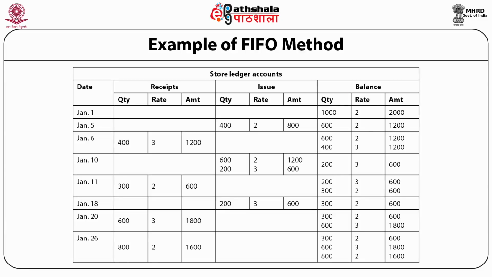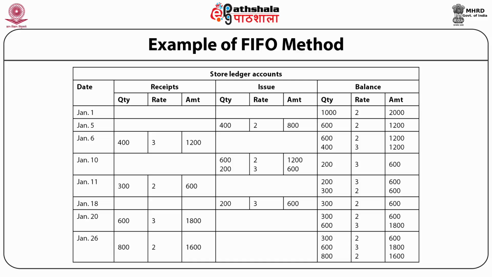The FIFO method is presented with the help of a store ledger account, and it is clear from this account that when we have to make an issue on 10th January of 800 units, then preference was given to the material which was received first, which was first in, and the material which was received later was issued later on.